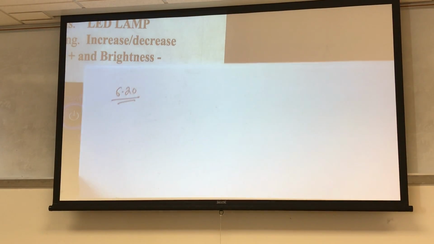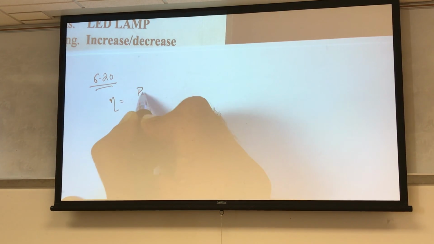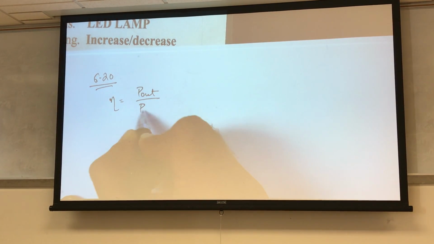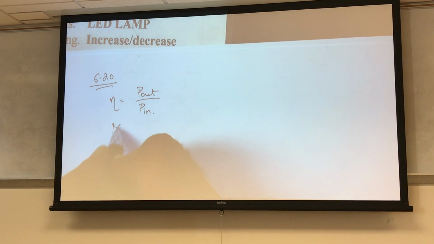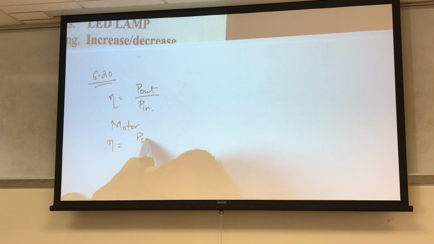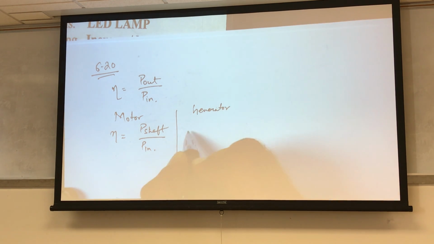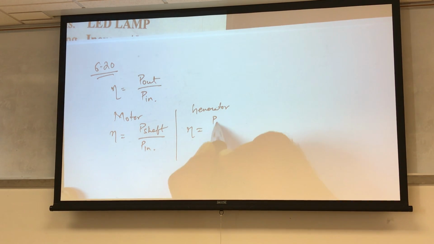So efficiency is always equal to P out over P in. So for motor, efficiency is equal to P shaft over P in. And for generator, efficiency is always equal to P out, like electrical power output, over P shaft.